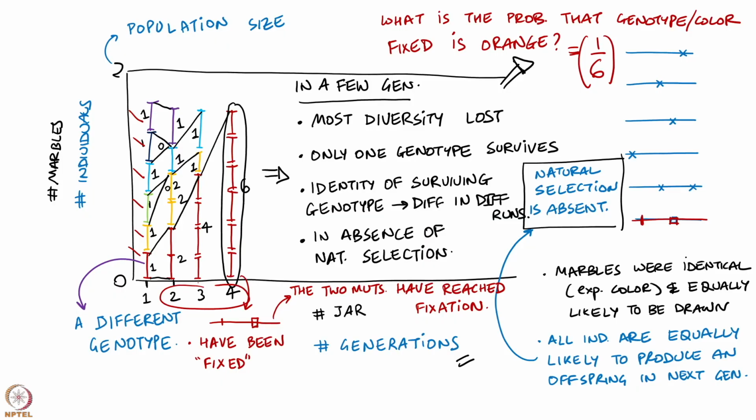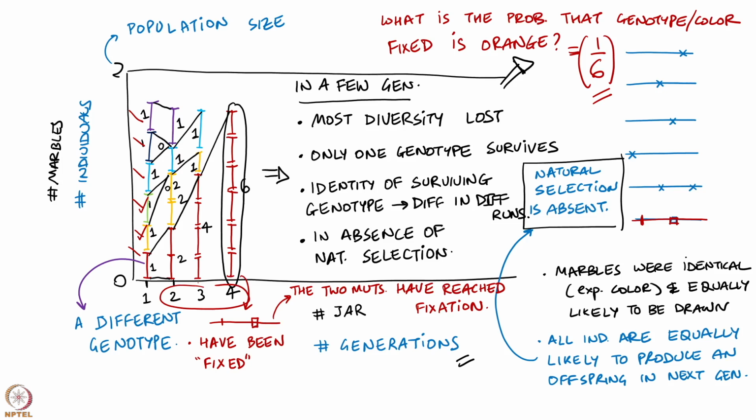Each one of those colors can reach fixation. Those are the only 6 possible outcomes in this game, and each one is equally likely, just as I am equally likely to see a 4 as compared to a 3 in a dice. It is equally likely that green might go to fixation and equally likely that orange might reach fixation, and so on and so forth. Hence, the probability that orange goes to fixation is 1 by 6.